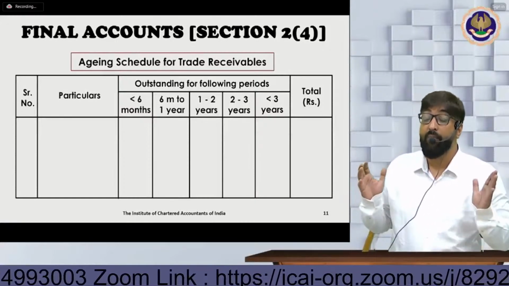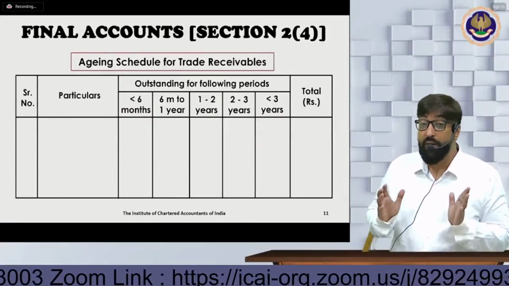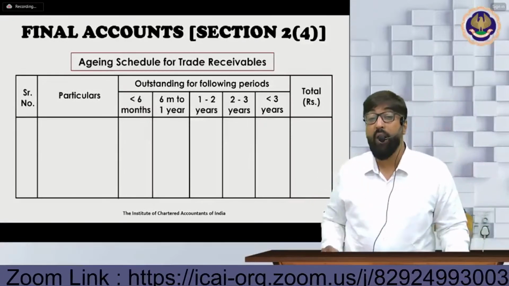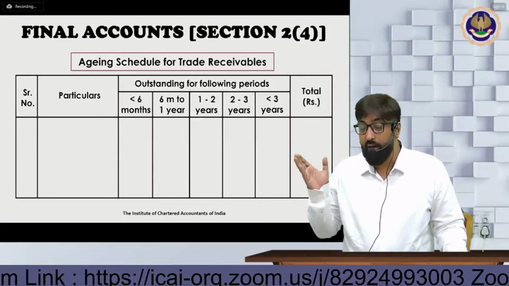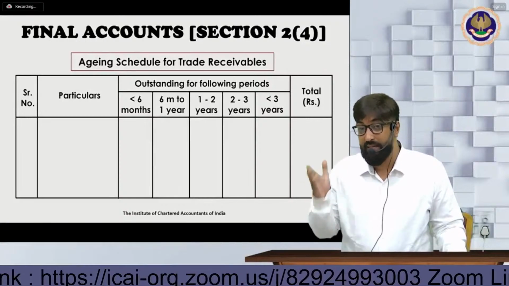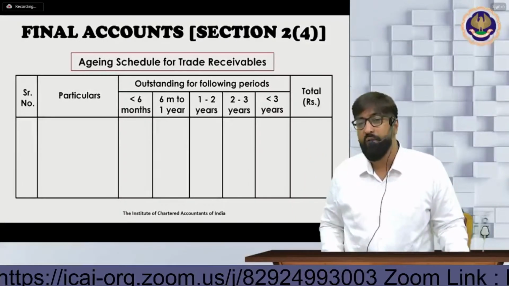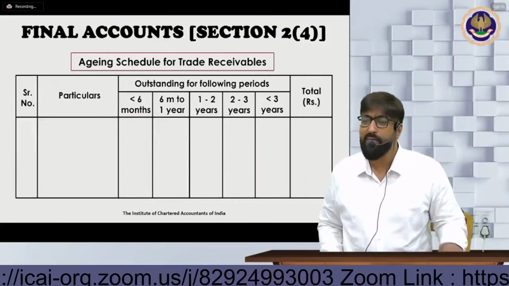Your financial statement reader must also know what is the amount outstanding in each period, that is less than 6 months, 6 months to 1 year, 1 year to 2 years. It will help your reader to take some decisions also.